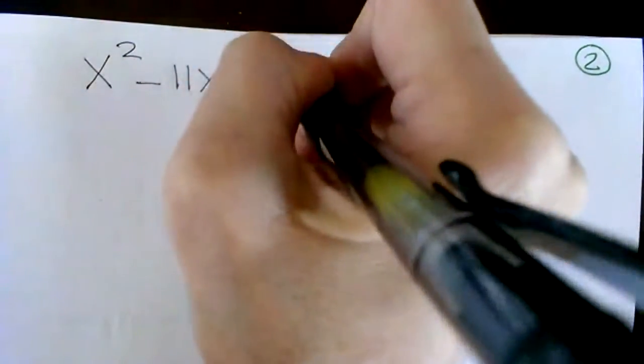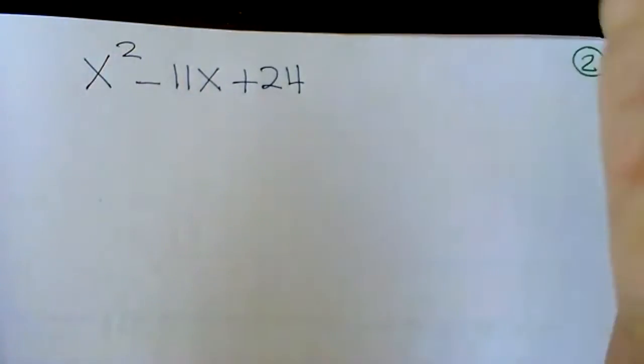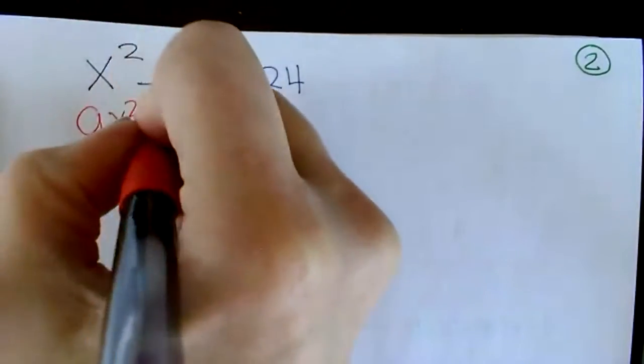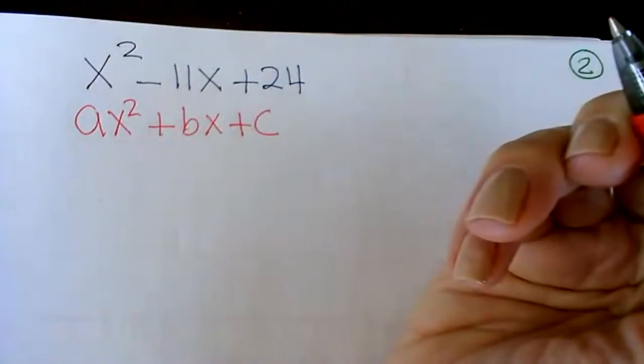Let me write down the equation again. So we have x squared minus 11x plus 24, right?